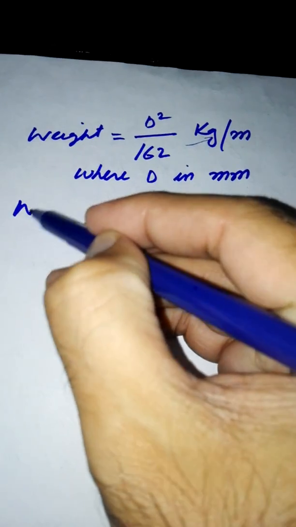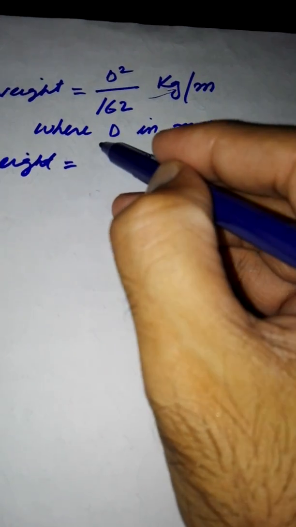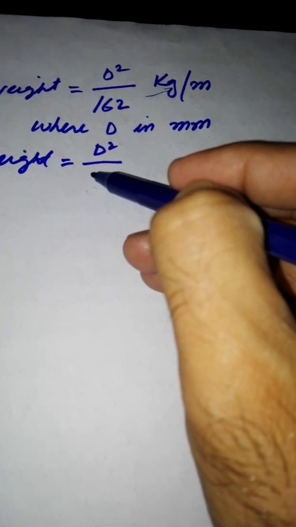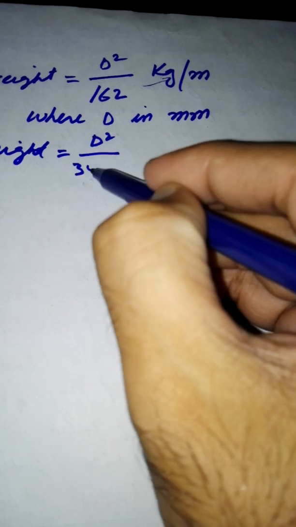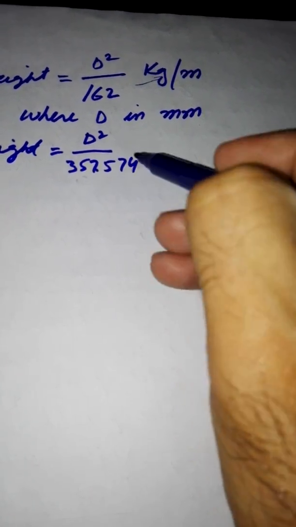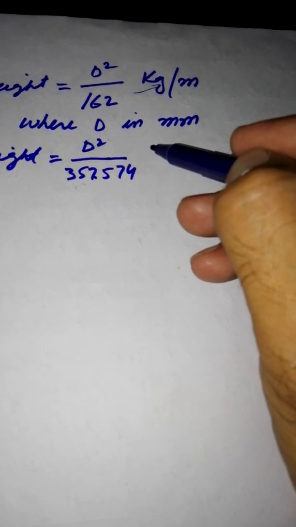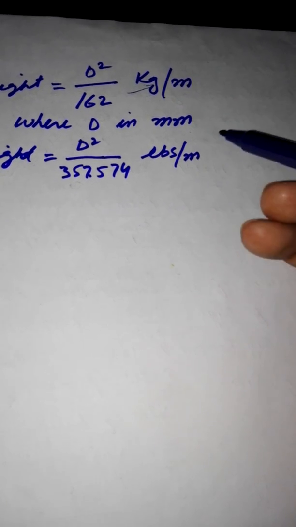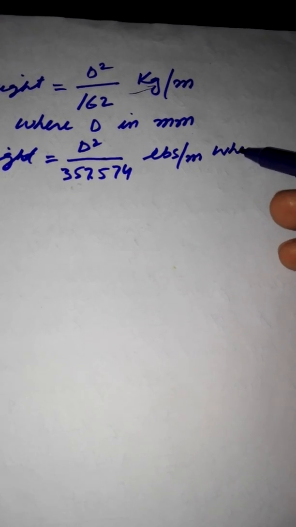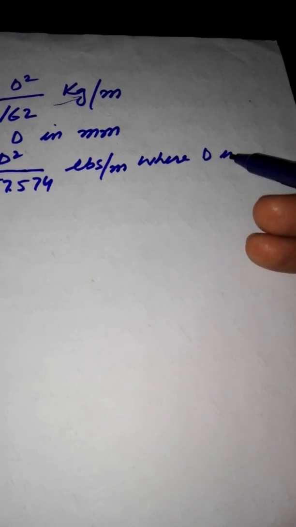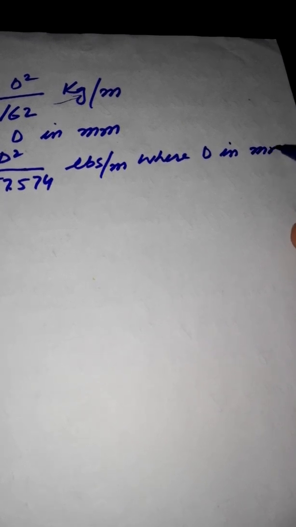So the weight is equal to d square divided by 357.574 pound per meter, where D is also in millimeters.